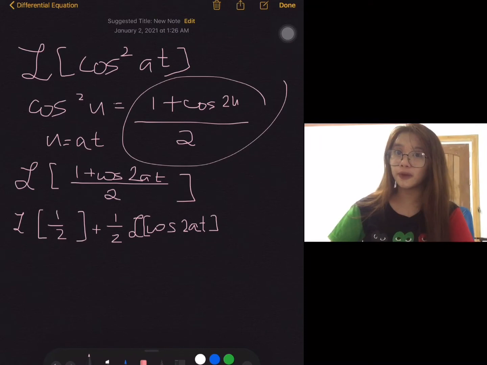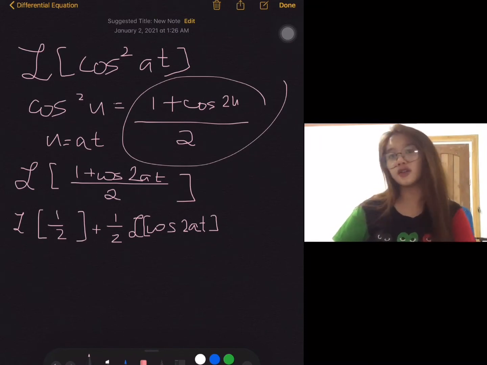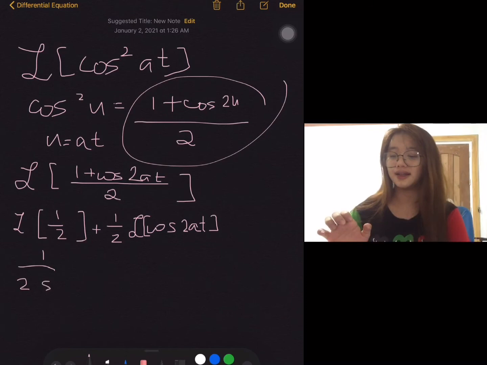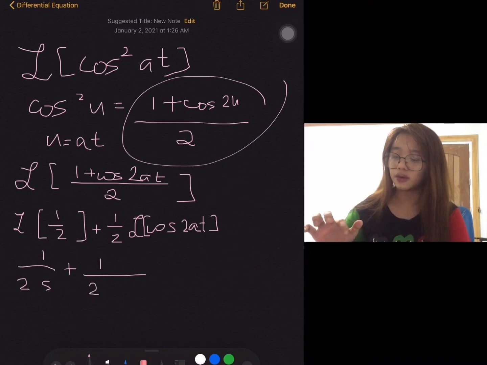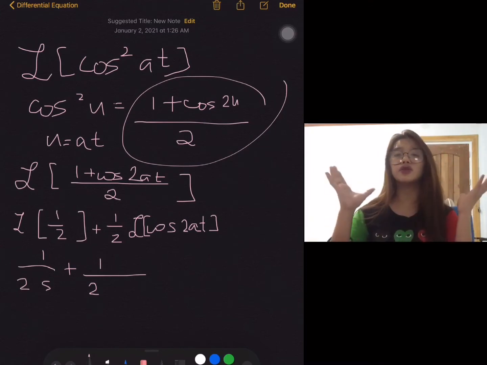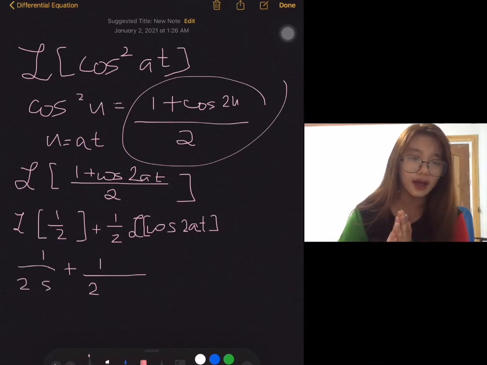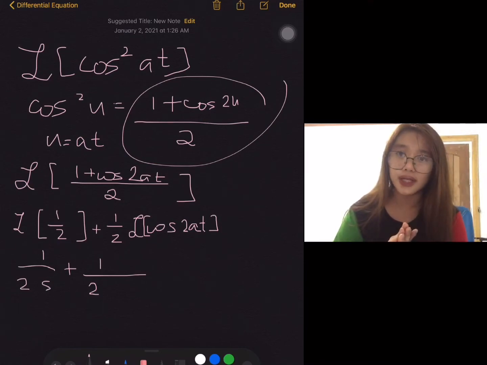The Laplace transform of a constant, since 1/2 is a constant and has no variable with it, will be equal to 1 over 2s, plus the 1/2. For this one, we will just use the normal cosine equation, which is s over s squared plus a squared.